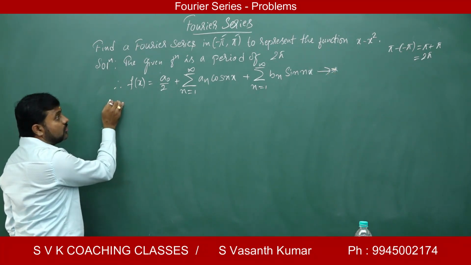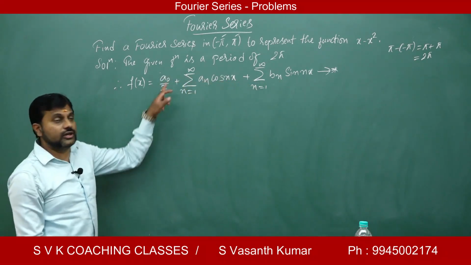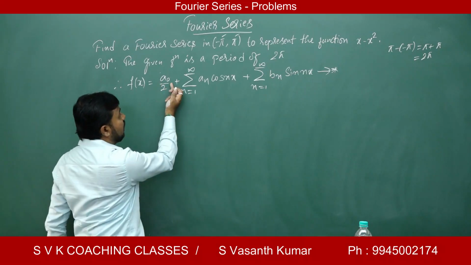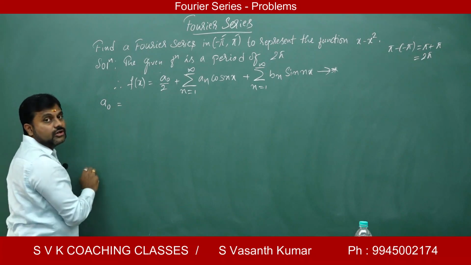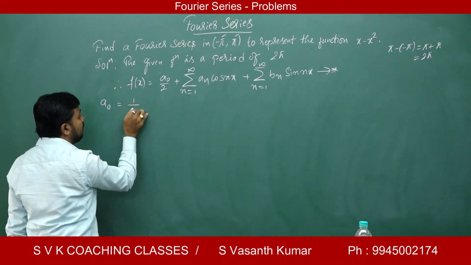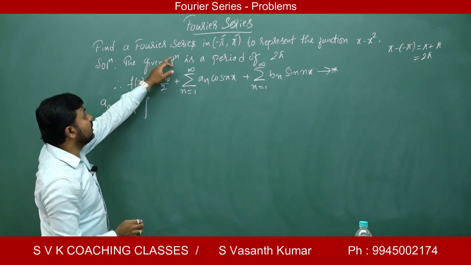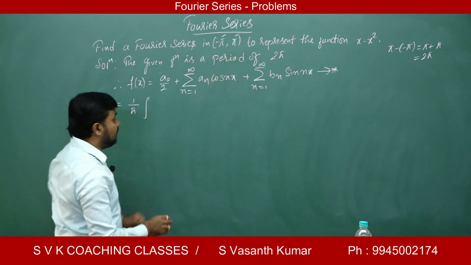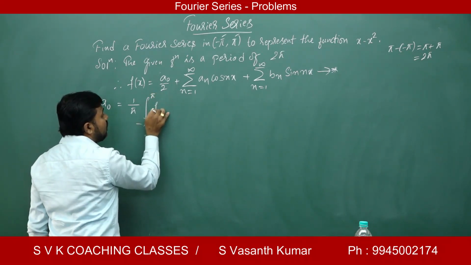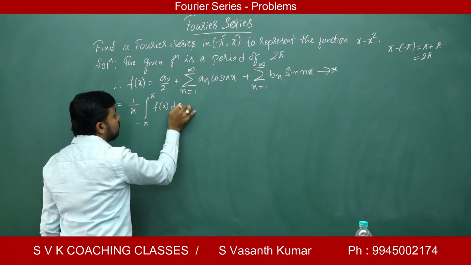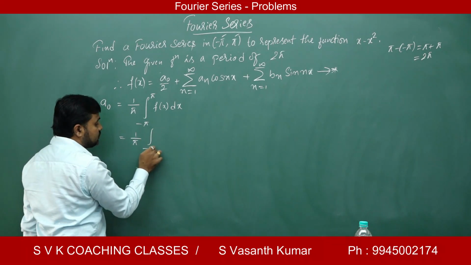Now we are going to find the Fourier coefficients called a naught, an, bn. What is a naught? A naught is equal to 1 by pi integral. See the limit, the given interval is minus pi to pi, f of x dx, which is equal to 1 by pi integral from minus pi to pi.